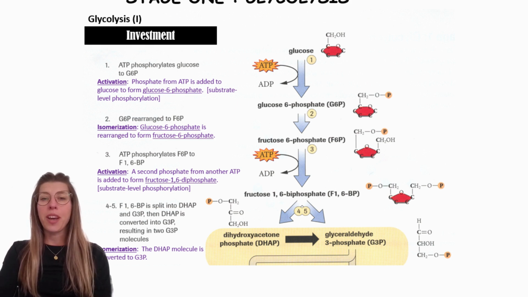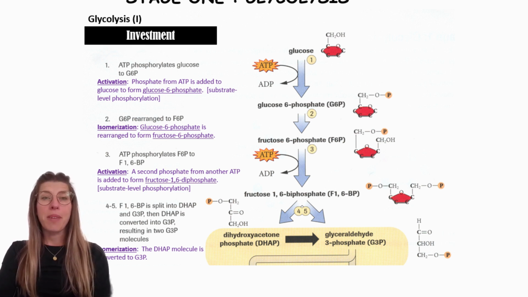This is where a lot of things happen behind the scenes to prepare the glucose molecule to split. And then glycolysis part 2, or glycolysis 2, is the payoff stage. This is where we actually end up producing ATP. So let's look at the first 5 steps that happen in glycolysis.